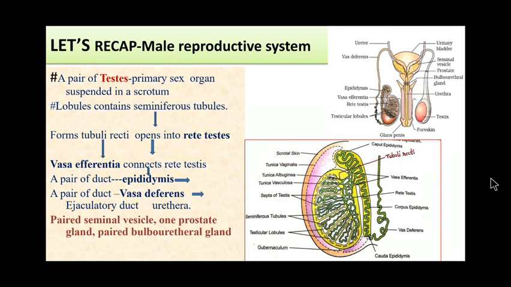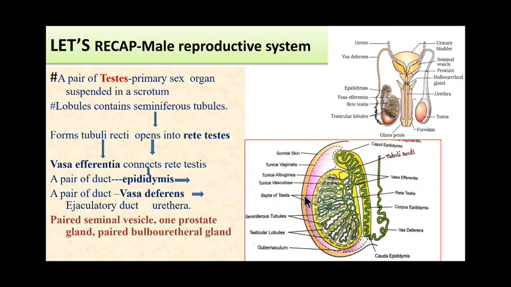Now, first of all, let's recap what we studied in the previous class. We studied that the male reproductive system consists of a primary sex organ, accessory glands, and accessory ducts. The primary sex organ is a pair of testes, suspended in a scrotum, and they were suspended in the scrotal sac by the spermatic cord.